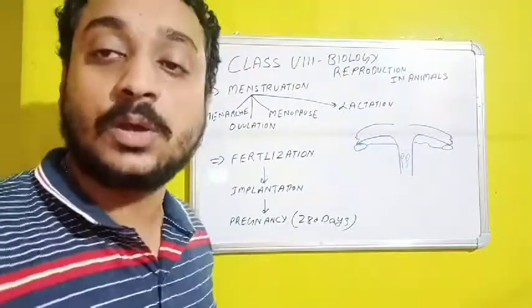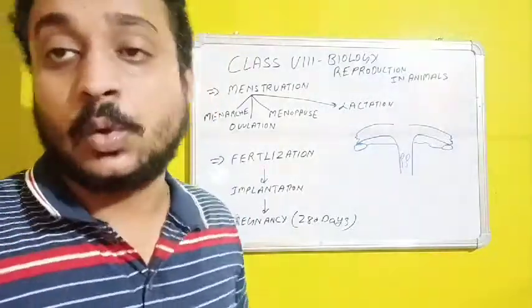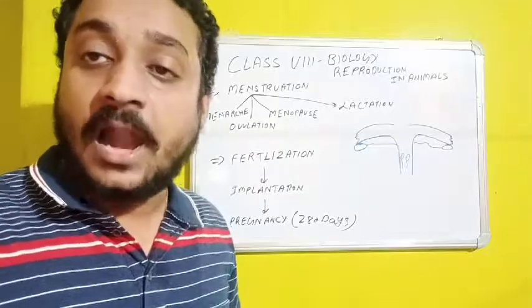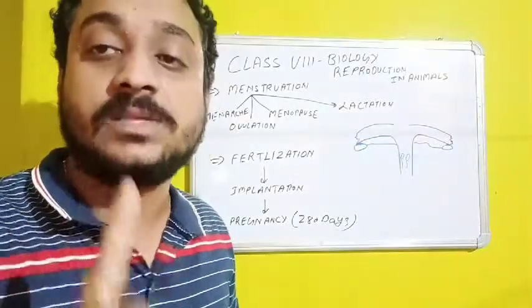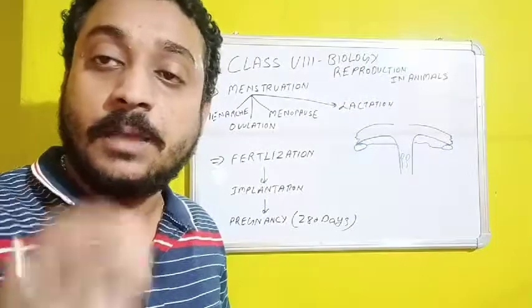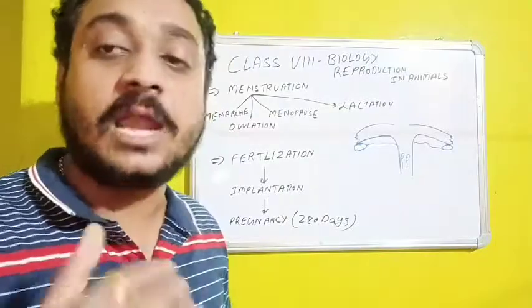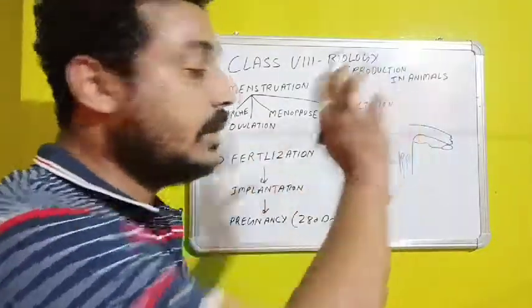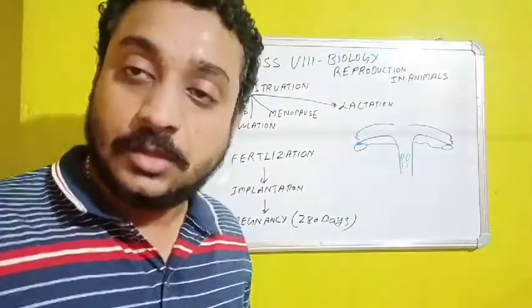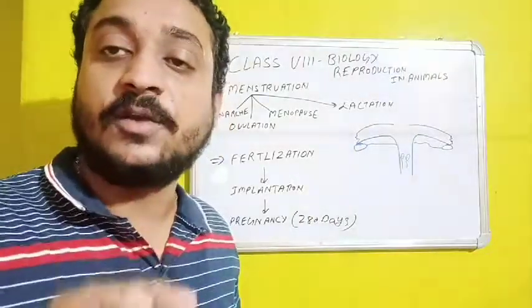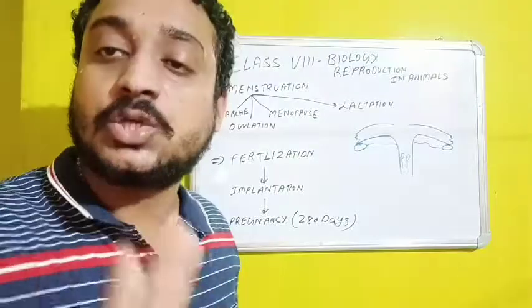From zygote it will grow to an embryo, and then to a human baby. After 9 months, the baby will be delivered out of the human female body, a fully mature human baby.